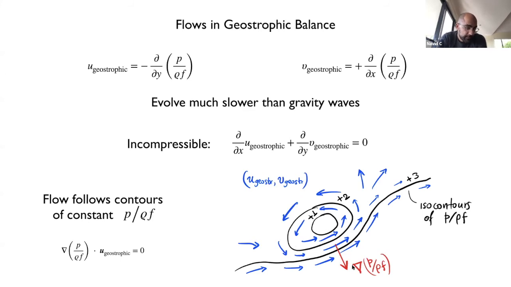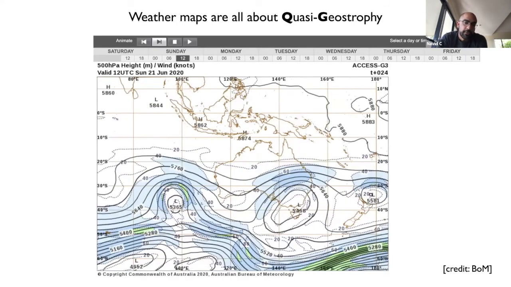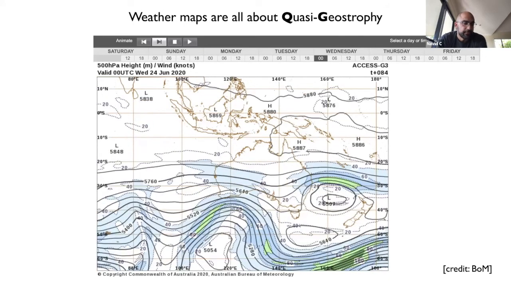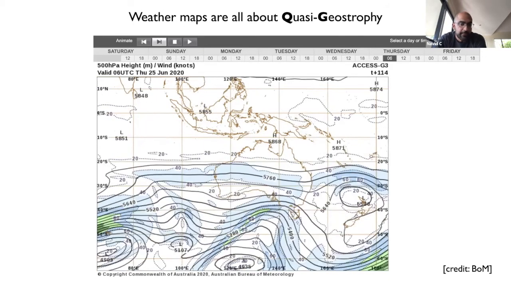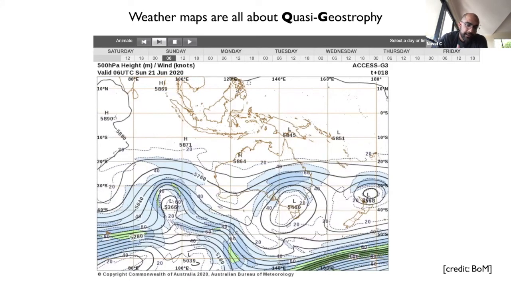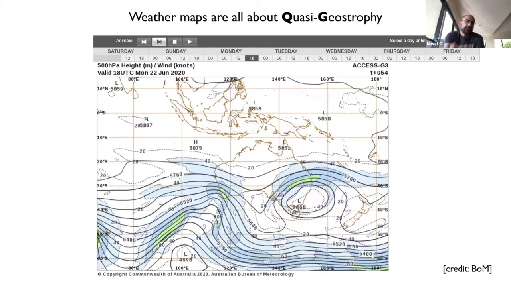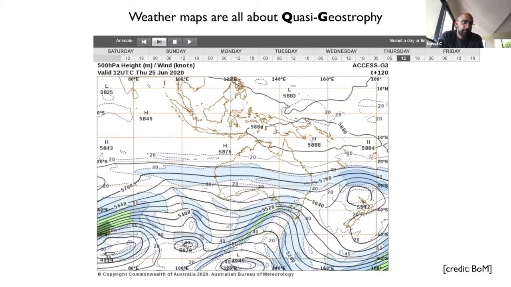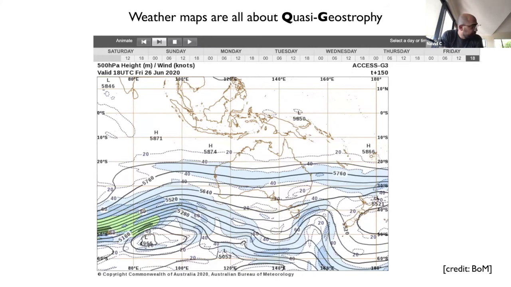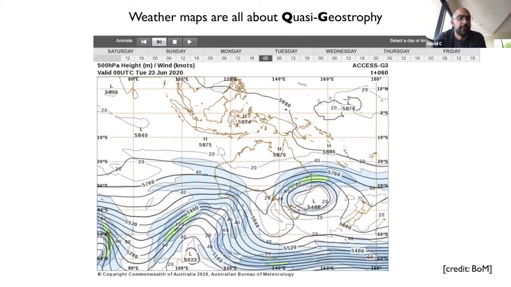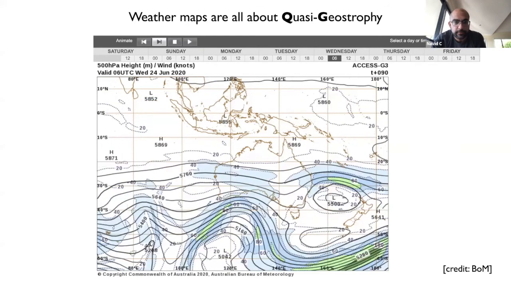And that's exactly why weather maps talk about the pressure contours, and show you low and high pressure systems coming. Showing the isocontours of pressure is an indication of how the flow will be. So all weather forecasts are essentially using geostrophic balance without mentioning it. They should be mentioning it every time, but they don't.